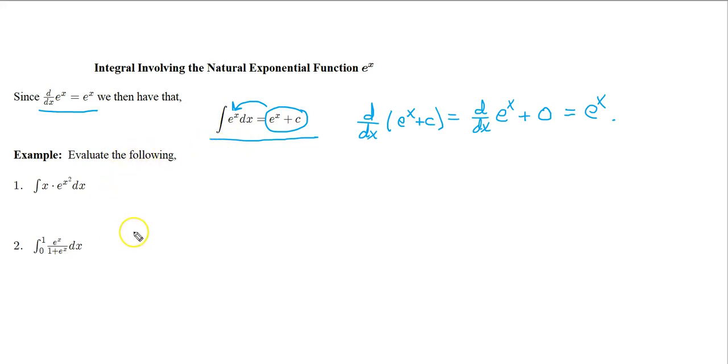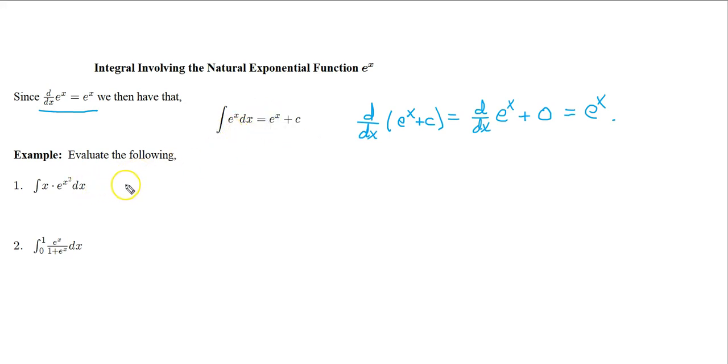So let's take a look at these examples down here. Let's find the antiderivative, the indefinite integral, of x times e to the x squared power. What we're going to do here is try a substitution. We want to turn this into something that looks like this up here.